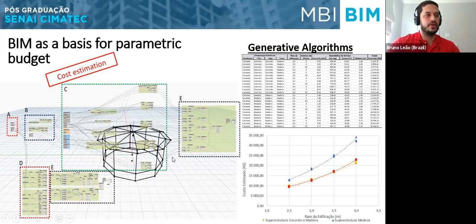So in this graph, we have the cost of three different materials: concrete, concrete and wood, and just wood. And I was able to do 32 different budgets in one morning, using the generative algorithms to create the model.